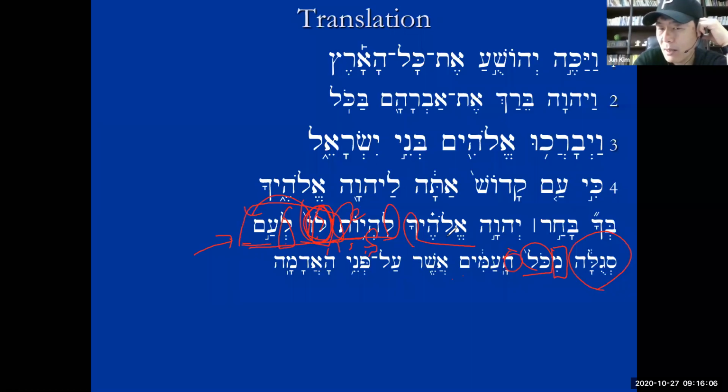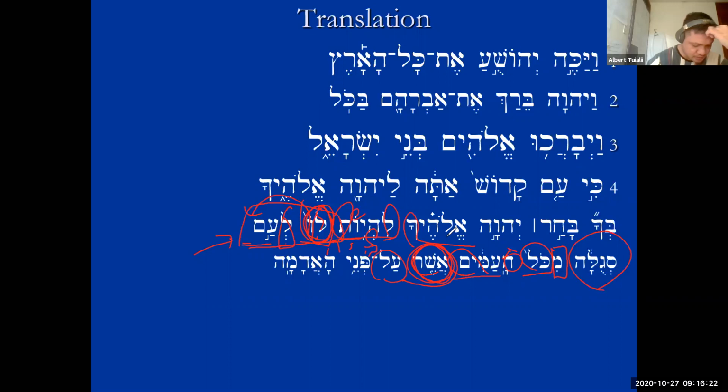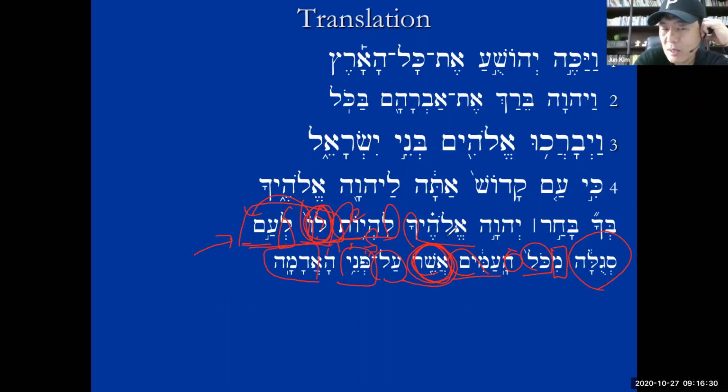All the ha'amim, the plural form of the people. Okay, just highlighting again. People that or who. Al means what? Onto. Upon. On. And penei ha'adama. Ha'adama means the ground, or earth, right? So pene means surface. So upon the surface of the earth.